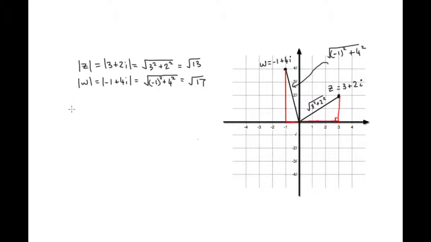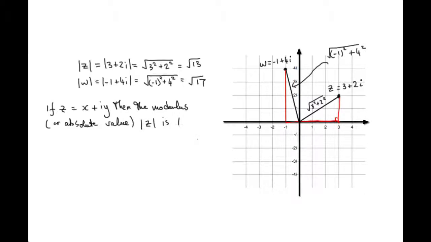So this leads us to a definition. In general, if z is the complex number x plus iy, then the modulus, sometimes it's called the absolute value, and it's written as |z|, is the distance of z from the origin O of the complex plane.